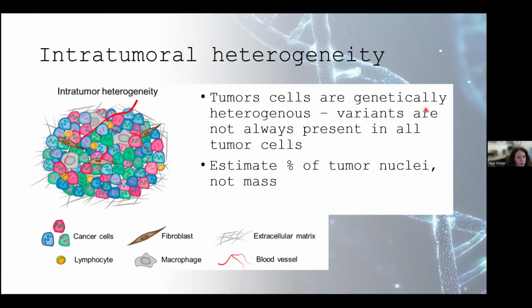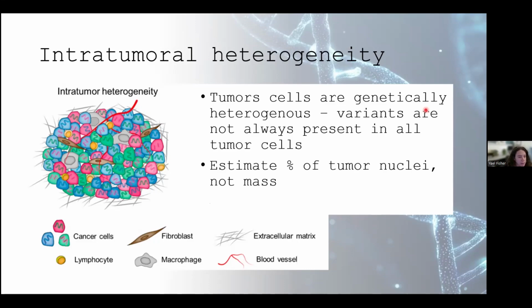Tumor cells are genetically heterogeneous, and variants are not always present in all tumor cells. Usually the first mutation that drives the carcinogenesis will be present in most of the tumor cells, but tumors evolve all the time and other variants may not be present in all tumor cells.